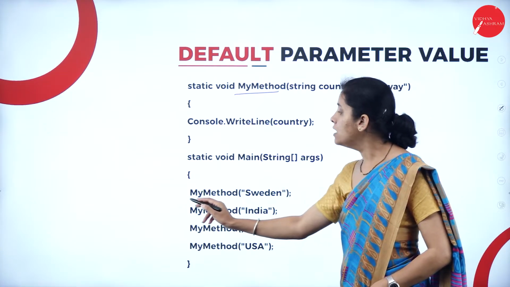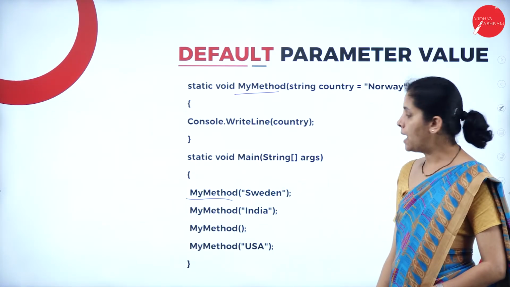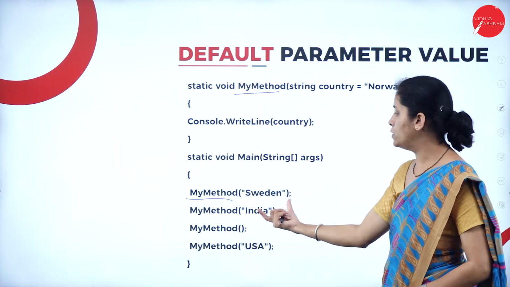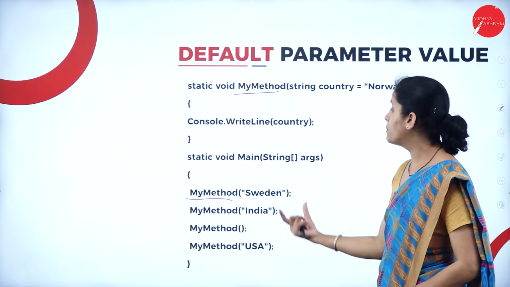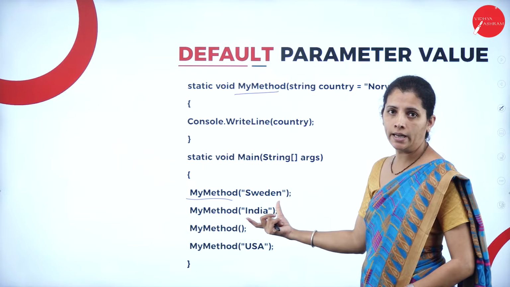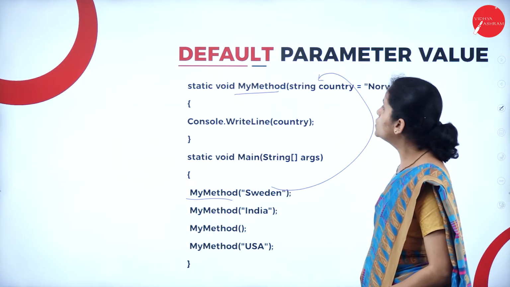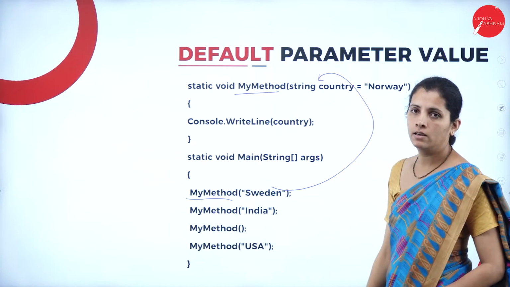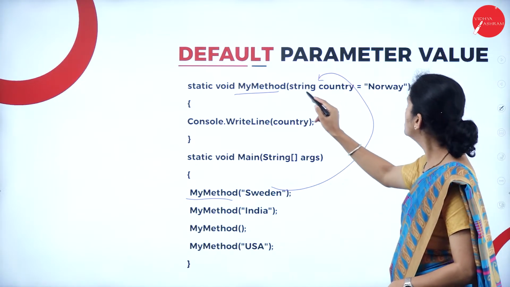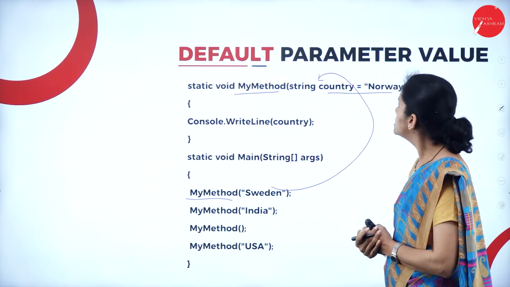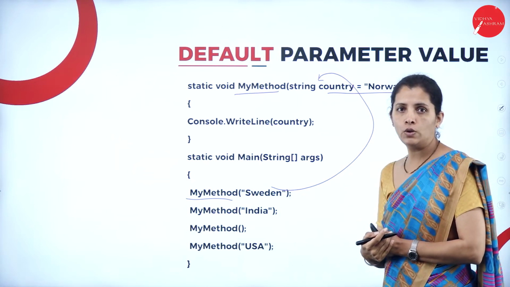And when I call it the first time, I'm going to pass a value. So what value am I going to pass? That is Sweden. Okay, and it is passed to my method. But here I have assigned some default value.